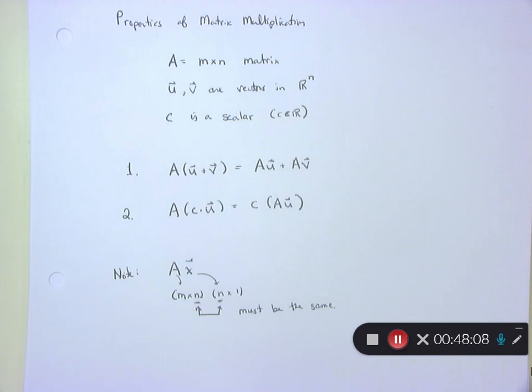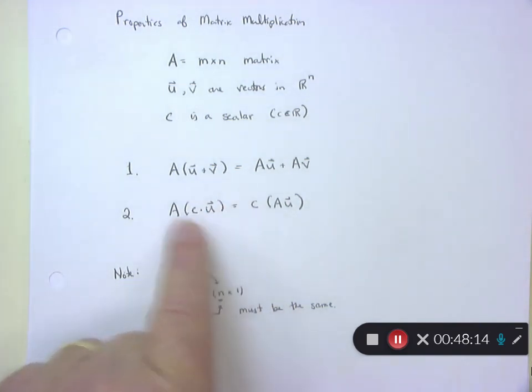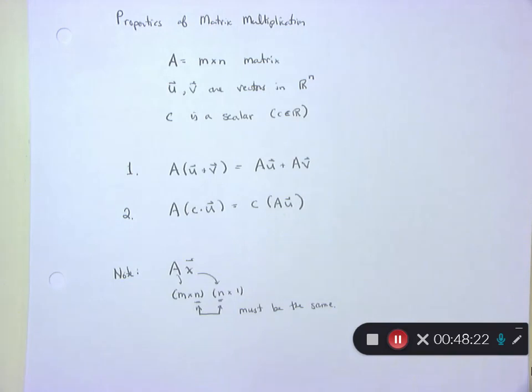In other words, constants can go out front and hold over. You can focus on your actual matrix vector multiplication, and then just multiply the constant at the end. That may save you a lot of time and effort.